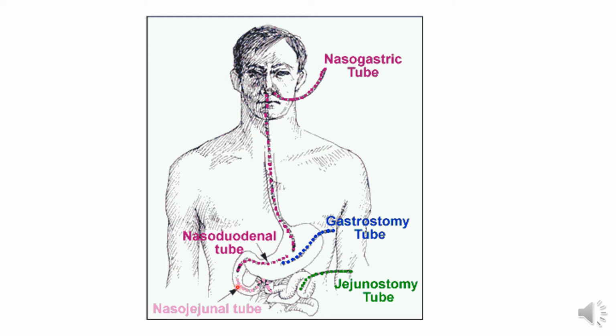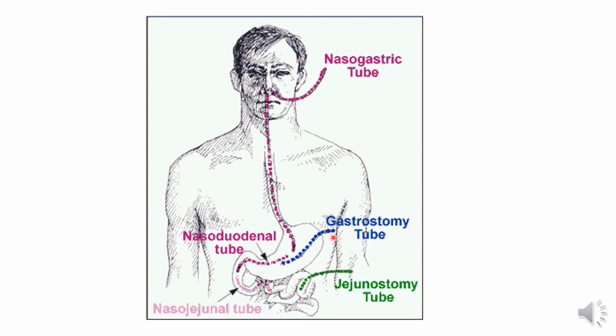And when this tube further extends to the jejunum, it's called a nasojejunal tube. So from the nose, it could either be the nasogastric, nasoduodenal, or nasojejunal, but most commonly you have the nasogastric and the nasojejunal tubes.